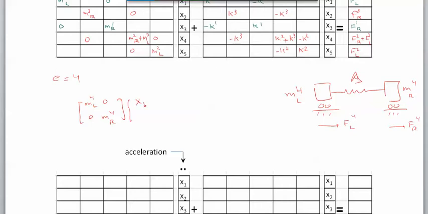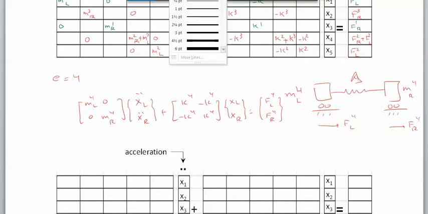Acceleration, XL double dot, XR double dot. Stiffness, K4 minus K4 minus K4, K4. XL, XR. FL4, FR4. So you have to put these in the right spots.